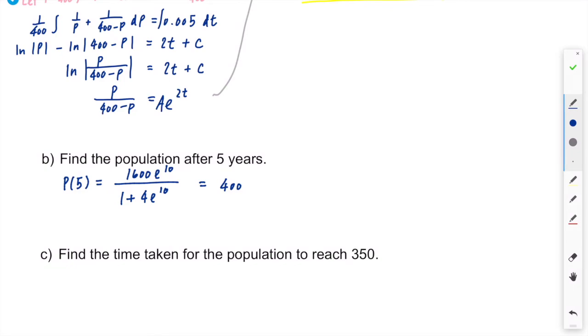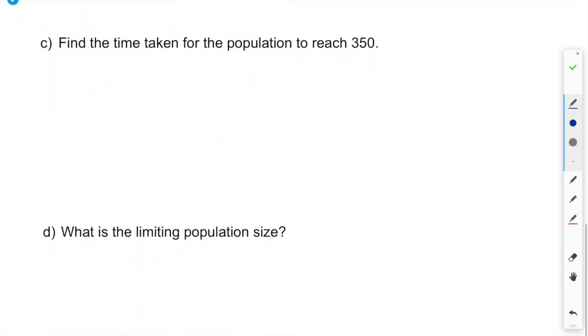Okay. And then part C. Find the time taken for the population to reach 350. Okay, so let's substitute 350 into the function. I have 1600 e to the 2t over 1 plus 4 e to the 2t. So cross multiplying, this gives me 350 times 1 plus 350 times 4.